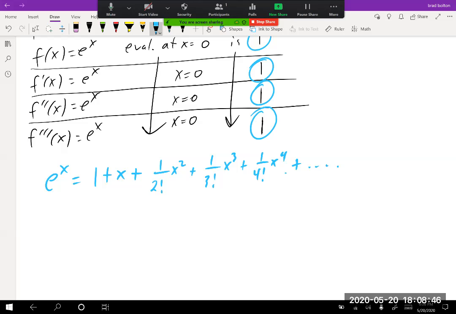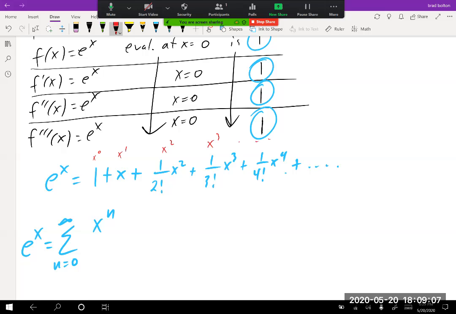So technically, if we wanted to write this as a series in summation notation, we could say that e to the x equals the sum from n equals 0 to infinity of x to the n, and notice, look at the powers. This is x to the 0, x to the 1, x to the 2, x to the 3, and so on.